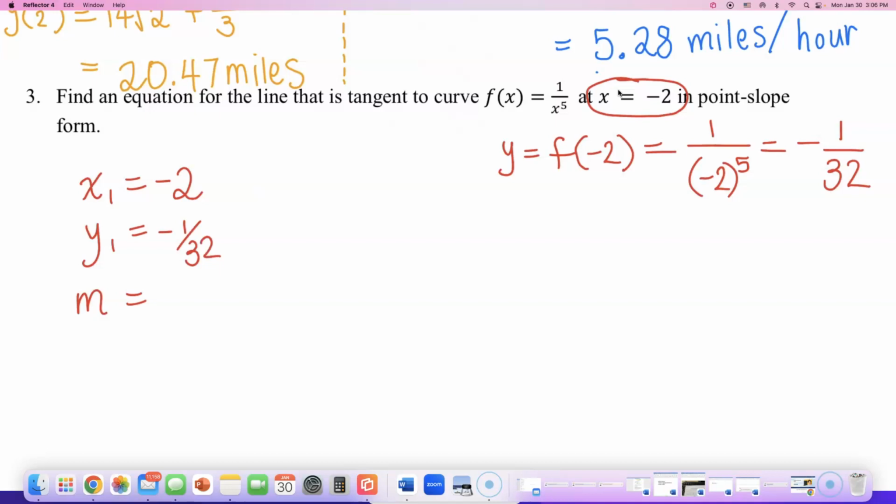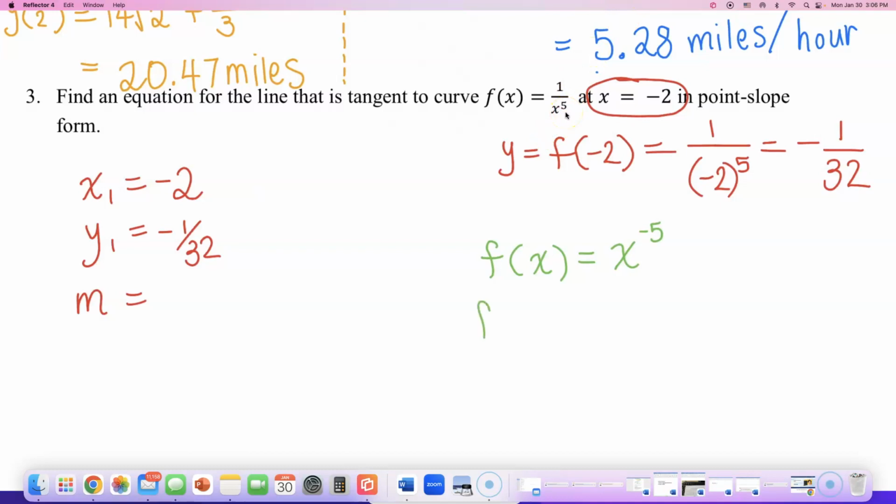But let's go and find the slope. To find the slope, you don't plug it into the original function, but you have to plug it into the derivative function. The original function kind of is in an awkward state, right? It's 1 over x to the 5th power. So I will rewrite this as x raised to the -5th power, because x is in the bottom.